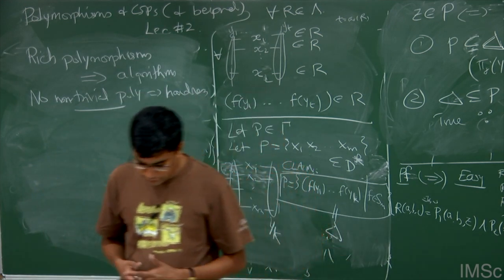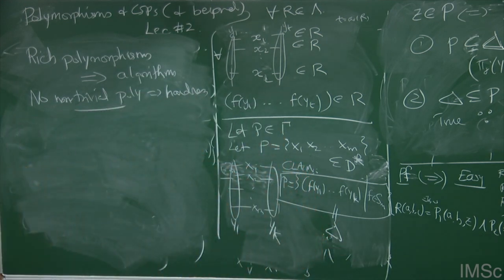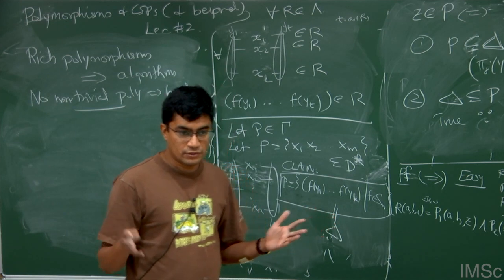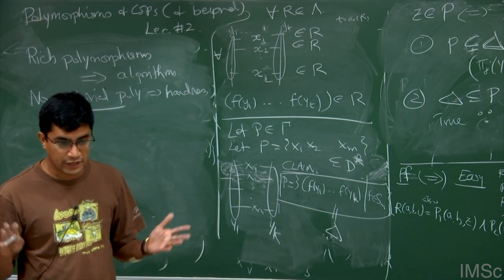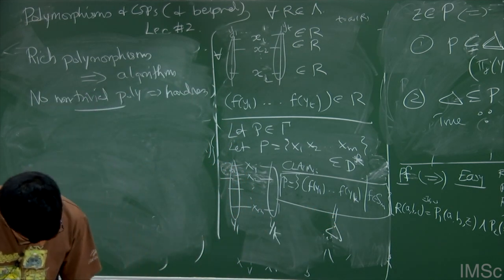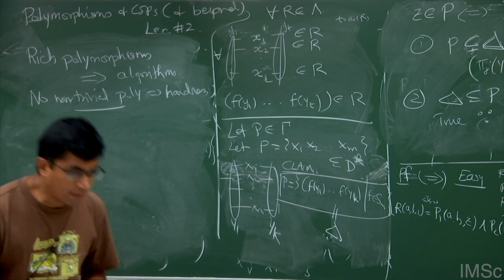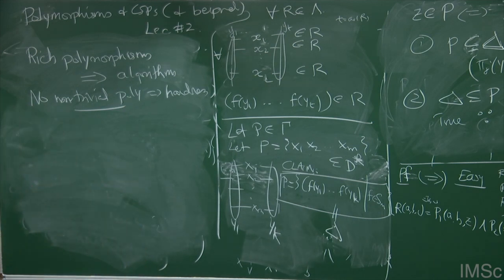So let's try to abstract away a little bit from the relations, exact Horn SAT and other things, and just say what property of these polymorphisms can give you algorithms. Okay, and all this is very simple classic stuff, but it might give you a little bit of flavor of why polymorphisms can help algorithms. Admittedly, these are very, very easy cases, and we'll maybe work our way to slightly harder cases later.